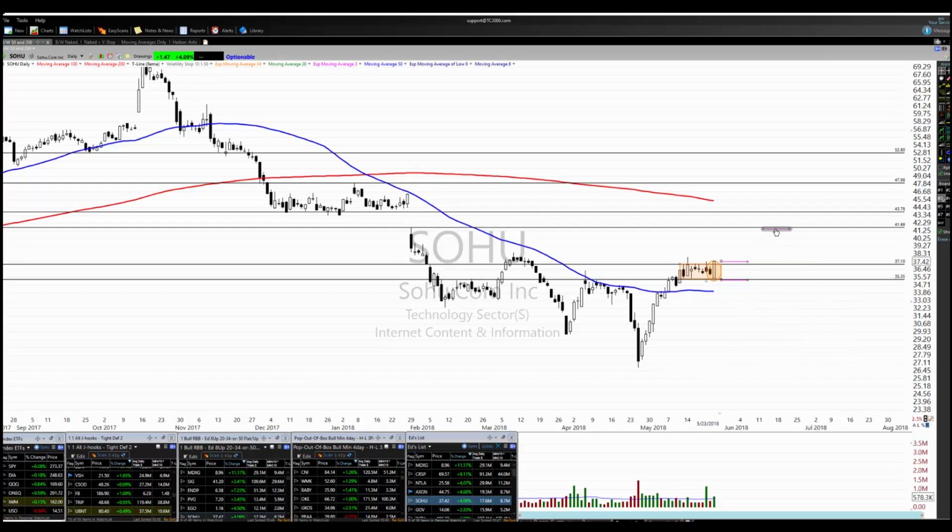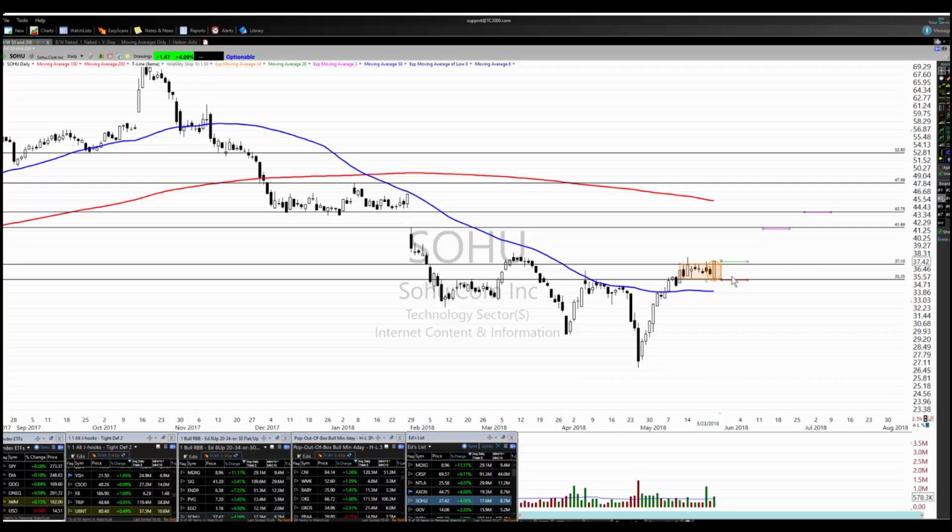And I'll put the next line up there, and then maybe we fill the gap. Something like that. So this would be an entry. Let's make it green. This would be a stop. Let's make it red. And see what we're looking at here.